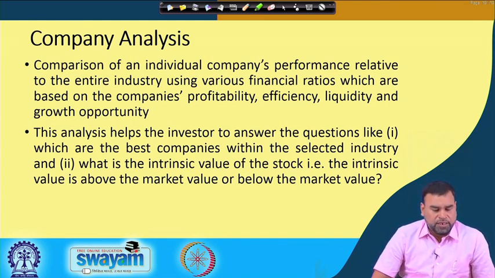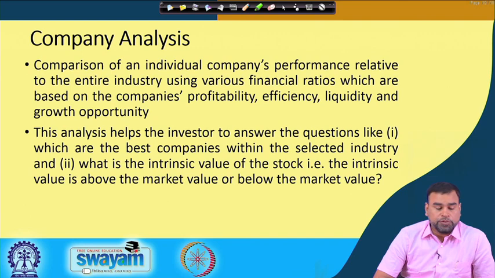I already told you that company analysis is nothing but the comparison of an individual company's performance relative to the entire industry using various financial ratios, which are based on the company's profitability, efficiency, liquidity and growth opportunity.